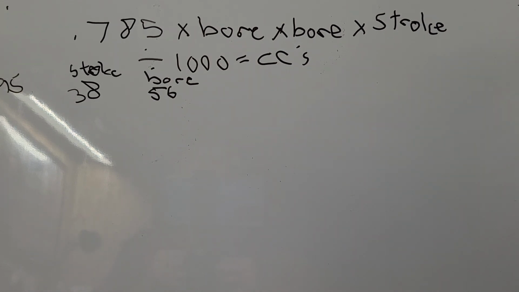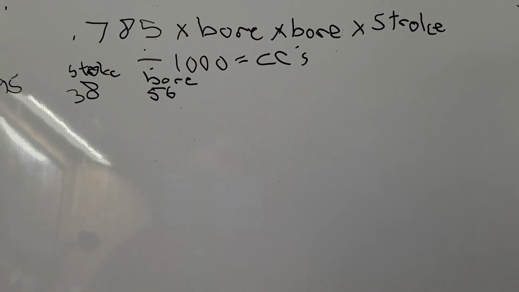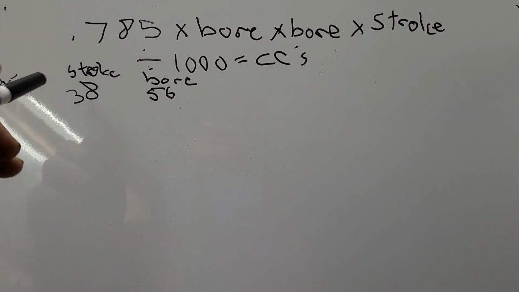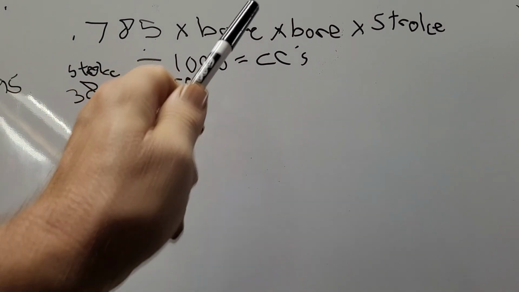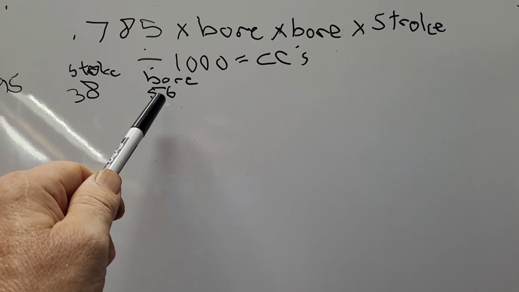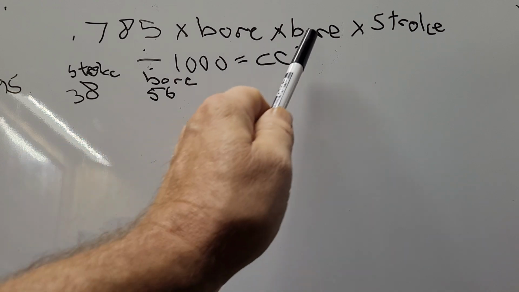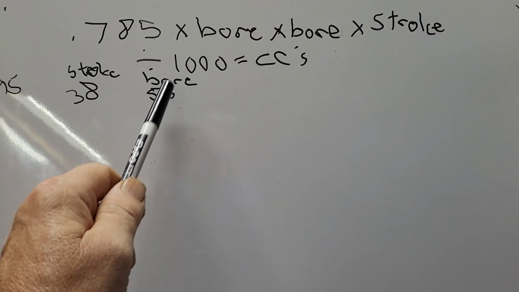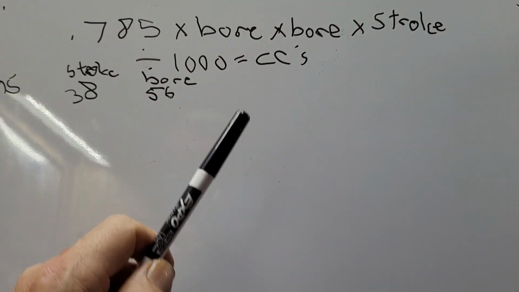Okay, so what we're going to do is calculate. Punch in your calculator 0.785 times bore. So that means 0.785 times 56 times 56 times 38.